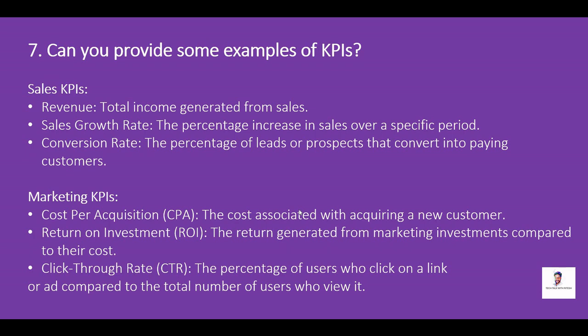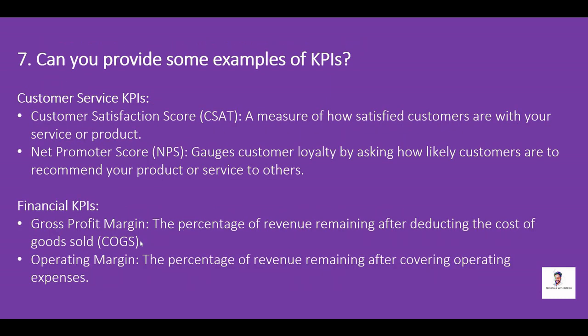People come to your website, there is a link, there is some CTA, but how many users actually clicked on that CTA to navigate to the next step? That is called CTR. That is a marketing KPI, and there can be multiple KPIs. I'm just trying to provide some relevant examples so that it makes more sense.